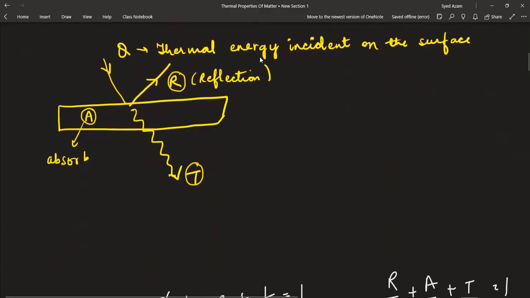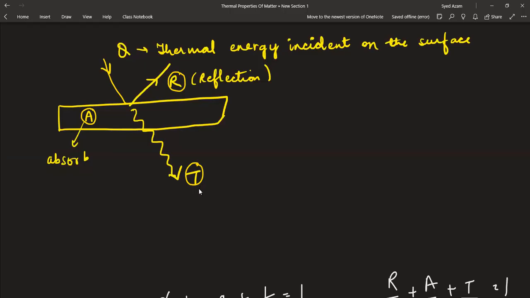Now, there are a few processes that occur when thermal energy is incident on a surface. First, when the light ray strikes, it can bounce back. This process is reflection. When some amount of light is absorbed by the body, it is called absorption. And when some amount of light passes through the substance, it is called transmission. Reflection and transmission are there in your class 12th.